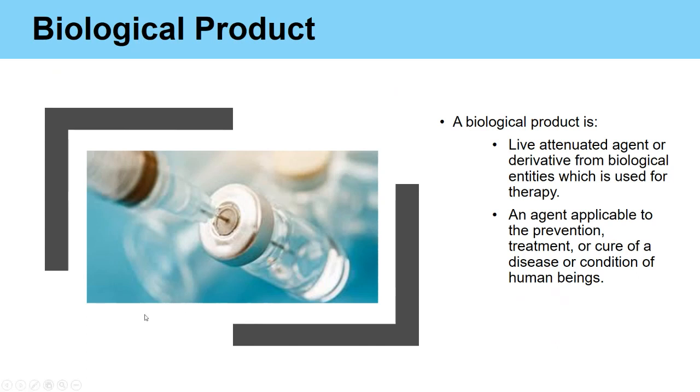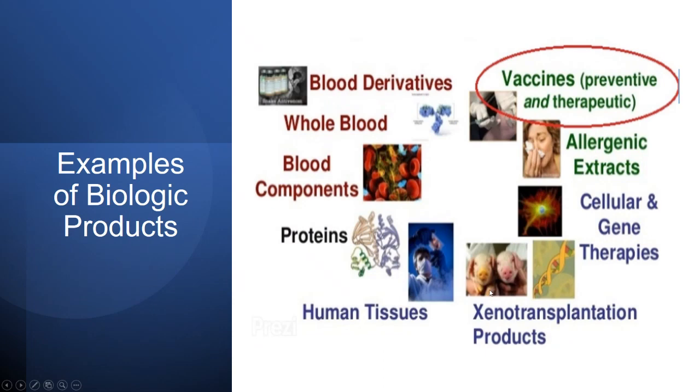Some examples of biological products are blood derivatives, whole blood components, proteins, human tissues, xenotransplantation products, or gene therapies used for gene medicine. Those are defined as per FDA and are called drugs.